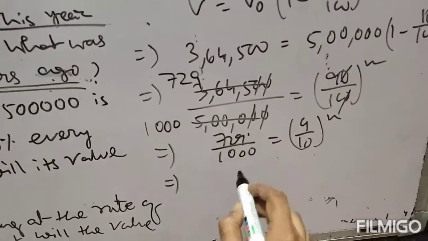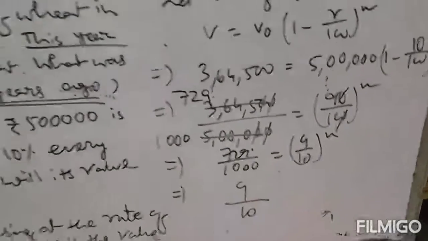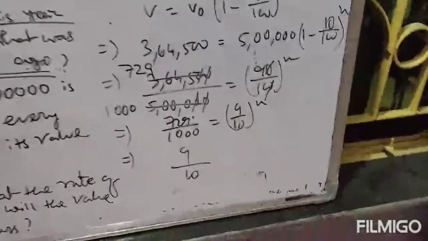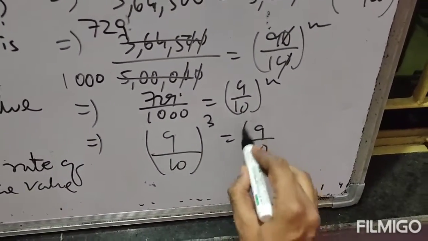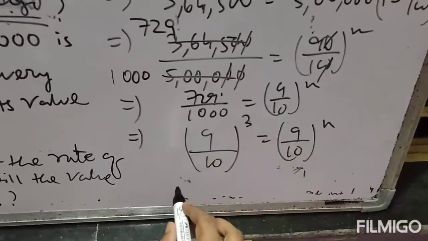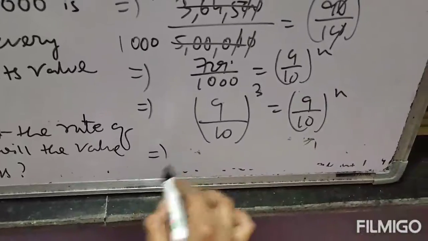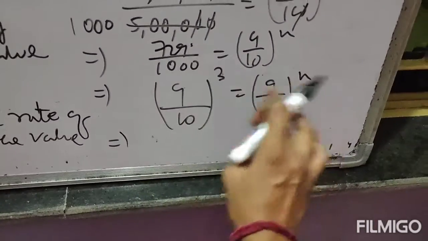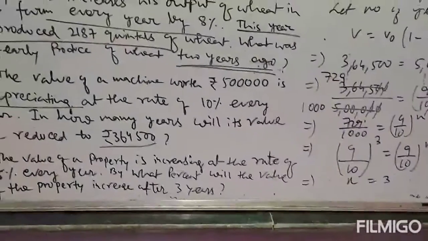Instead, we will write 9 cube is 729 and 10 cube is 1000. Therefore this will be represented like this, to the power n. So 9 by 10 and 9 by 10 cancel because both are the same. So n equals 3. Therefore the number of years is 3 years.